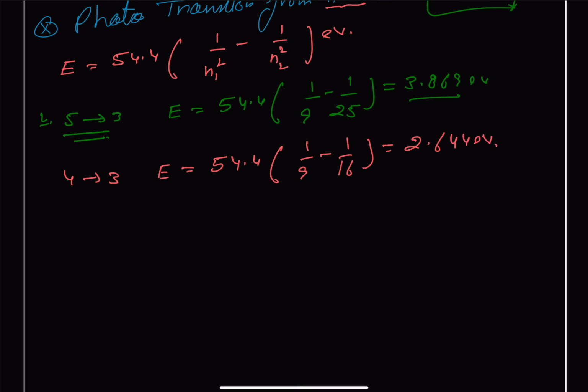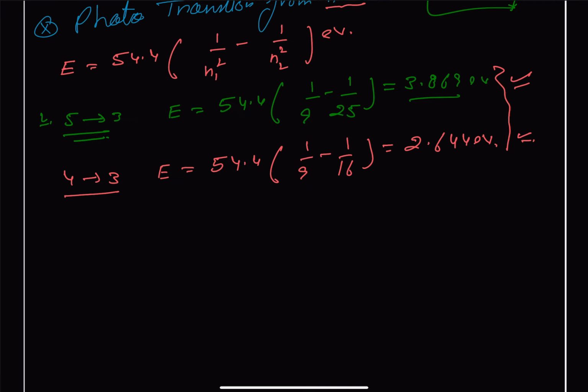And if we want to do further calculation, we can also calculate 5 to 4, 5 to 2, 5 to 1, then 4 to 2, 4 to 1, and 3 to 2. All these will be out of the range. So these are the only correct options. This is within the range, and this is also within the range.